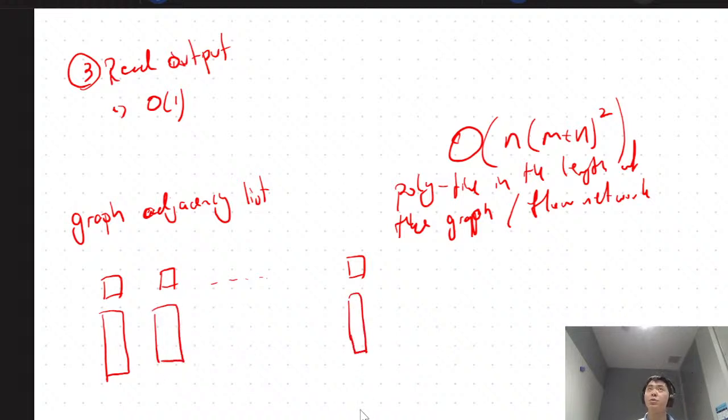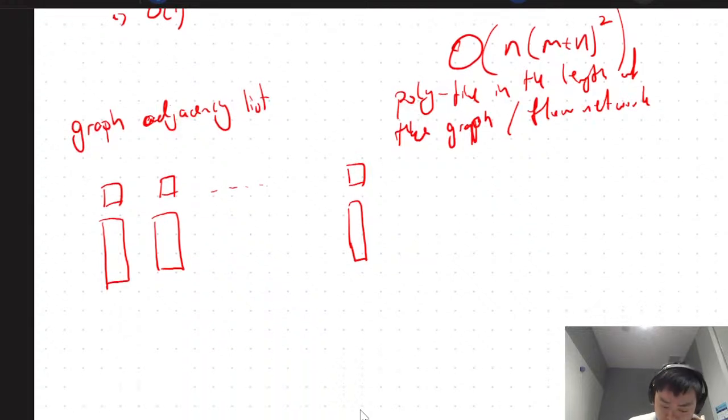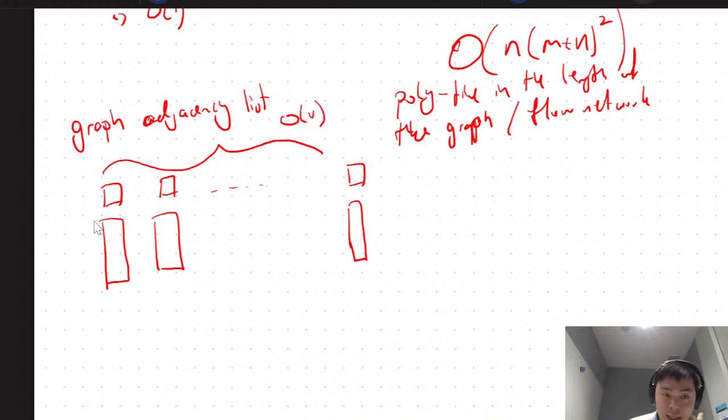And so to represent the graph using an adjacency list, I only need to store the number of vertices and the length of the neighbors. So this would be at most O of V plus E. And in fact, for any arbitrary graph, the actual representation is bounded by O of V plus E.